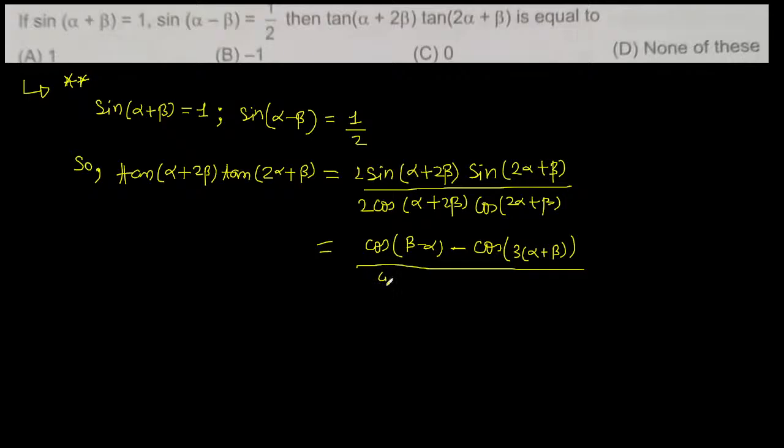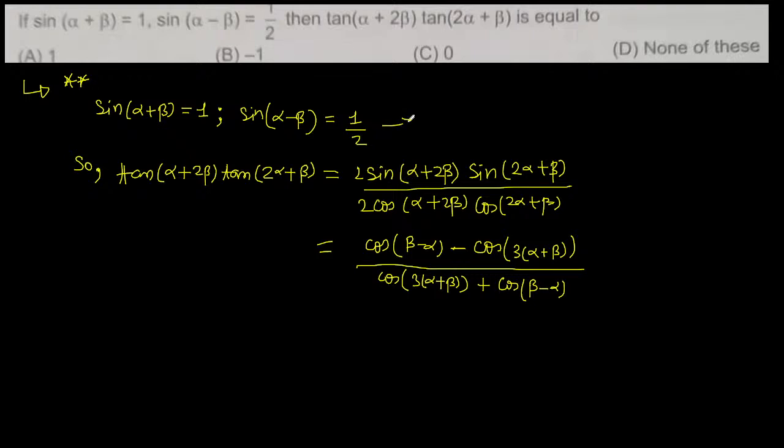At the bottom we have cos 3 alpha plus beta plus cos beta minus alpha. So there is no probability of simplification.